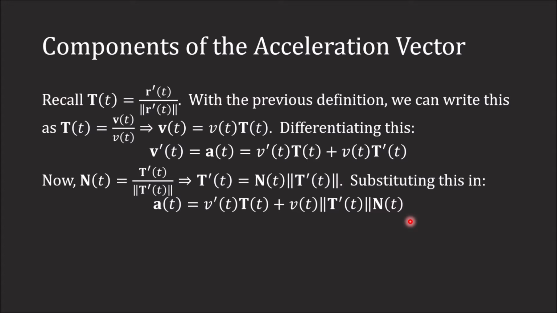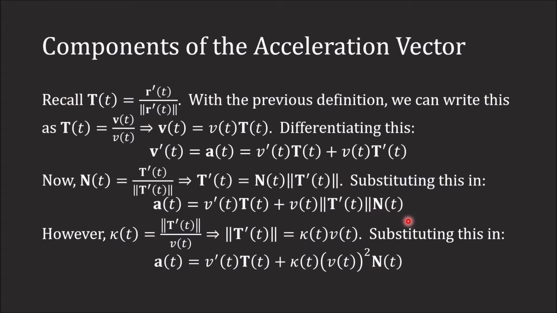Now, if we recall that the curvature is the magnitude of the derivative of the unit tangent over speed, then we can write the magnitude of the derivative of the unit tangent is equal to the curvature times speed.